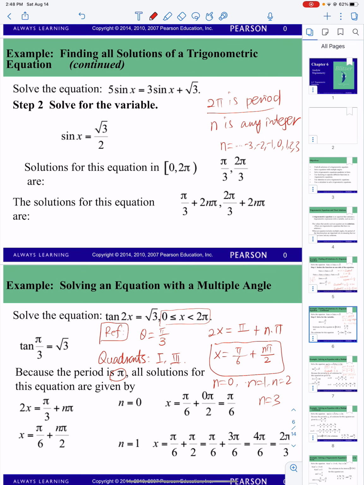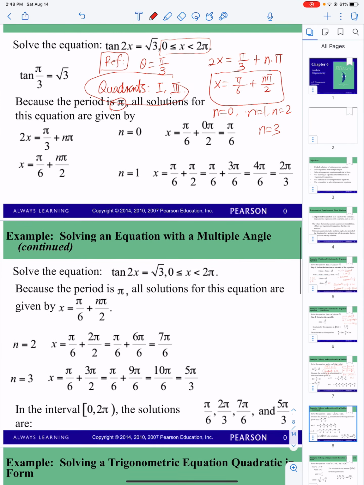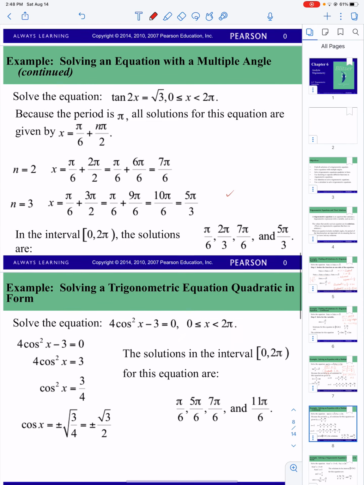For sine, do you remember the period is 2 pi, so you will find 2 values. For the tangent, the period is only pi, so you do not need to determine the quadrant. Because it's plus n pi, you can directly use it.